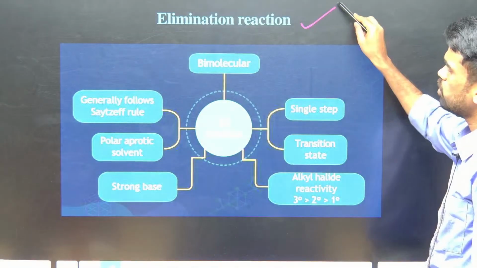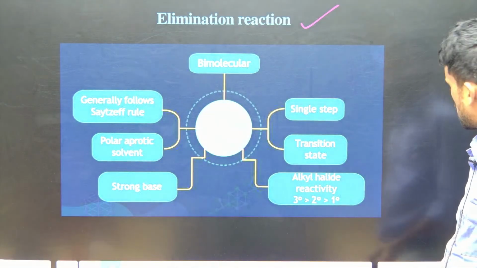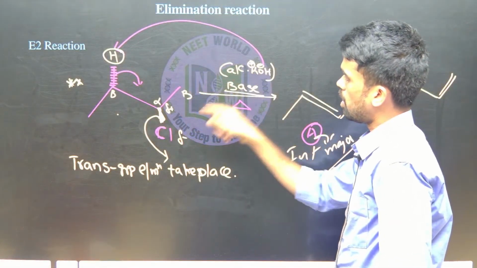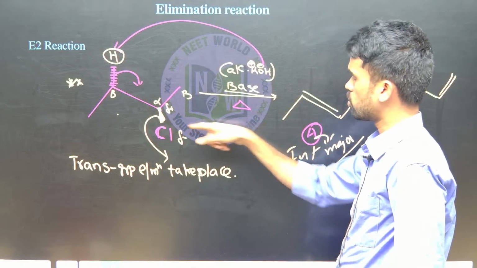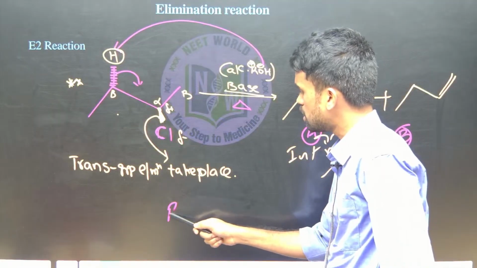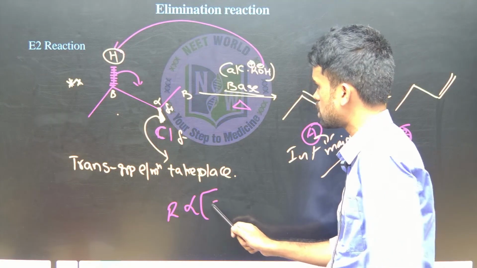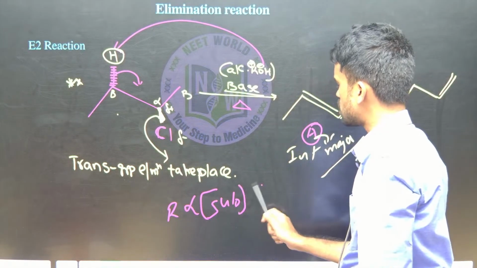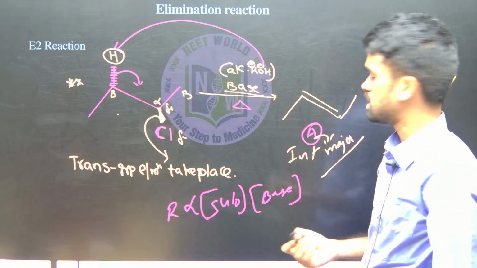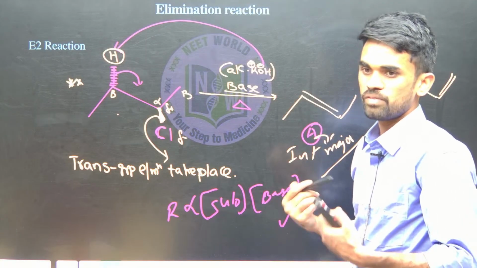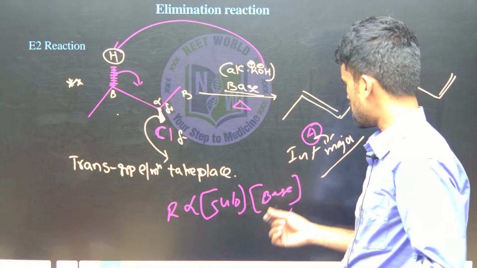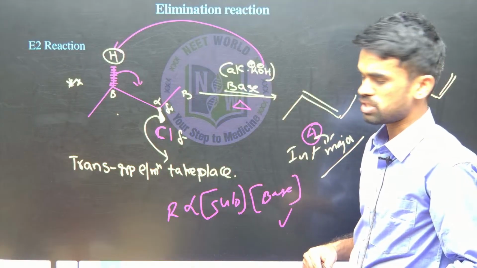So in E2 elimination, what is the rate determining step? This is the rate determining step, where the leaving group is going out and simultaneously the base is abstracting the proton. So the rate of reaction depends on two factors: the concentration of the substrate as well as the concentration of the base. In E1 elimination it is independent of the base, whether it is a weak or strong base, or its concentration is high or low.